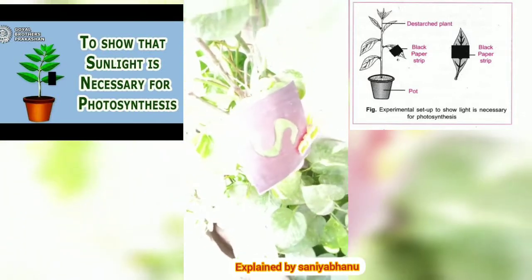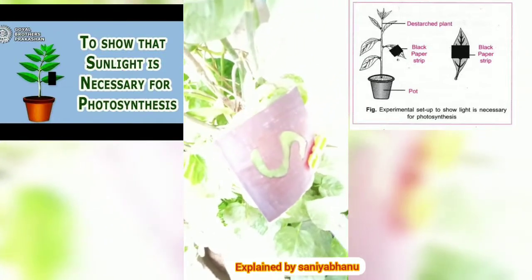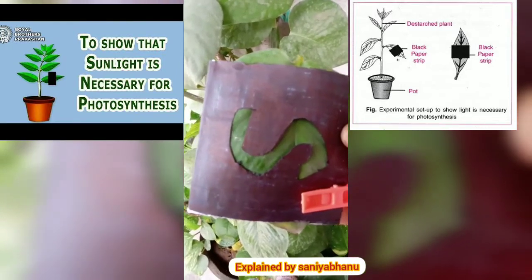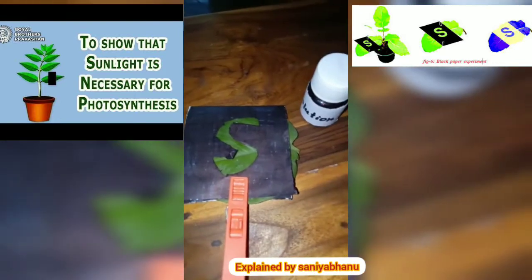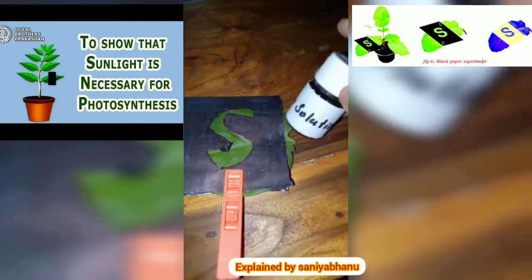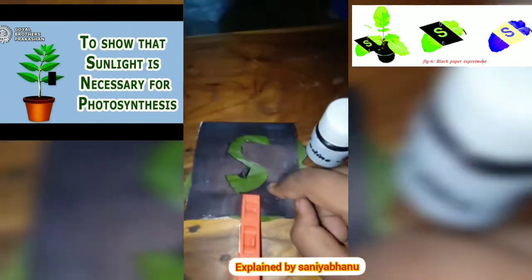This leaf was under the sunlight for 2 to 3 hours. Now we are going to cut this leaf with the help of a scissor. We took the leaf from the plant and now we are going to add some iodine solution on this leaf.